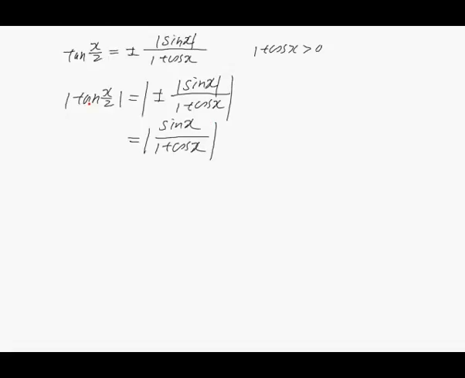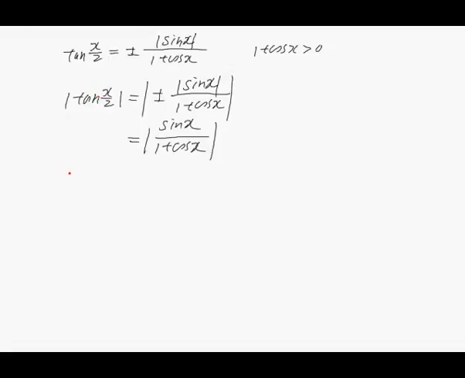So right now, this tangent half x has the same absolute value as this sine x over 1 plus cosine x. And the sign of this part is determined by the sign of sine x. And the sign of sine x is the same as the sign of tangent half x.